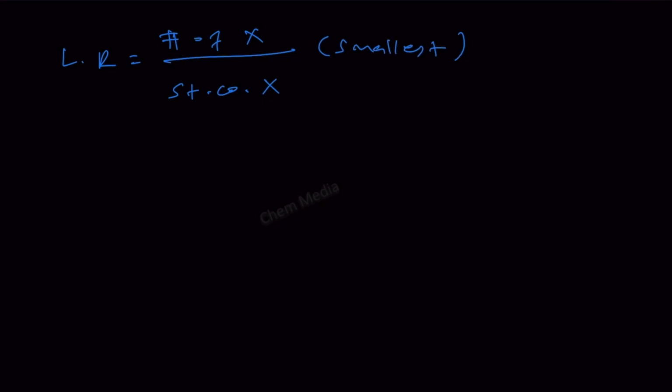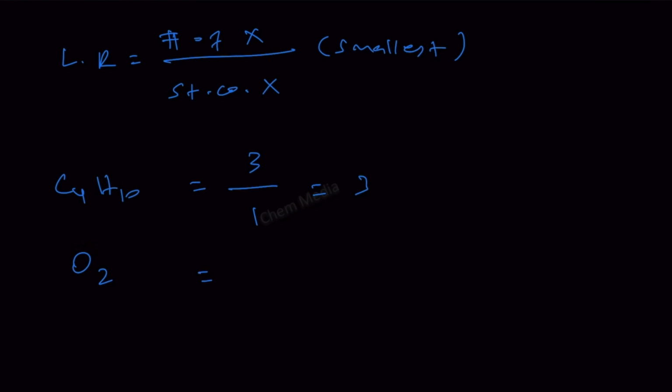Now, which one will be the limiting reagent? Limiting reagent is number of moles of reactant divided by stoichiometric coefficient of reactant, and whichever is smallest out of that is the limiting reagent. So, for butane, what is the number of moles we found? It was 3 moles. Stoichiometric coefficient is 1. So, therefore, 3 by 1 is 3. How about O2?